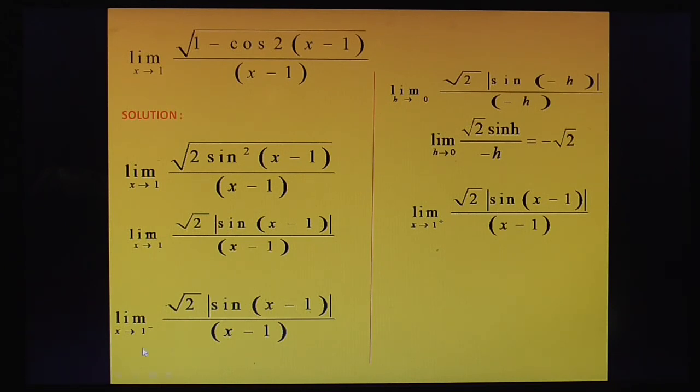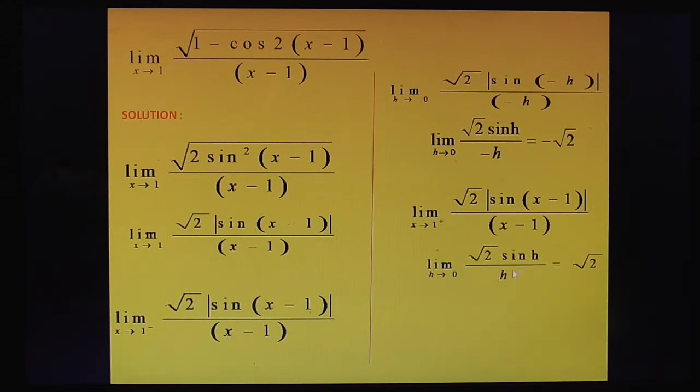Clearly, x tends to 1, h tends to 0. What is the difference here? For 1 minus, we get minus h and minus h. For 1 plus, we get h and h. It's a very simple concept.